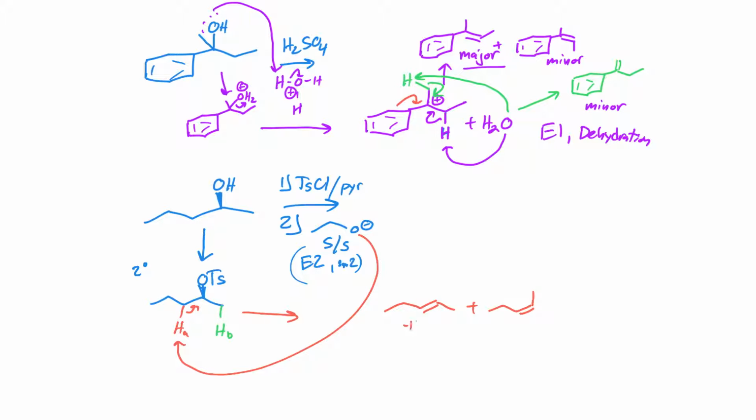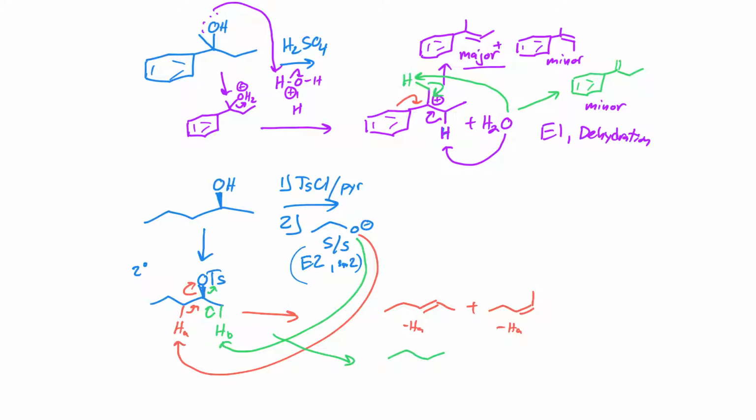So this is minus HA. The other regioisomer then comes from loss of HB. And I'm sorry, I forgot to show my loss of leaving group. This is an E2 mechanism, so there are going to be 3 arrows. Loss of the leaving group, of course, is important. Same with this green mechanism that I just drew.